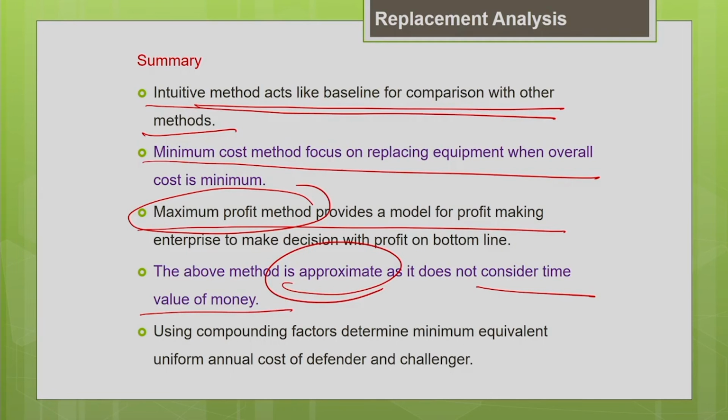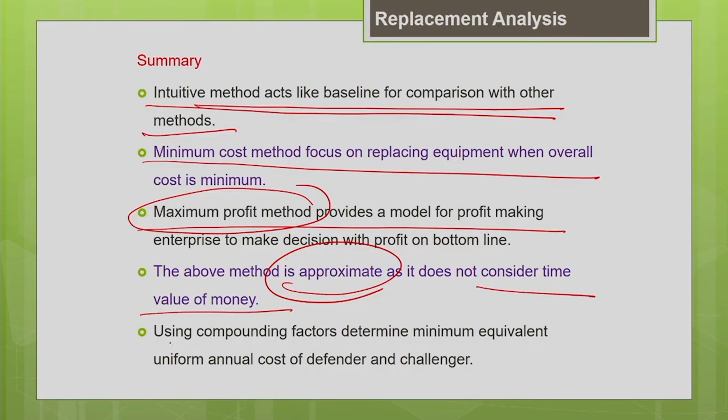In the next lecture, we will consider the timing of cash flows. We will convert the cash flows occurring at different time intervals into equivalent cash flows at a particular time period and make the comparison, using the various compounding factors we discussed in earlier lectures.